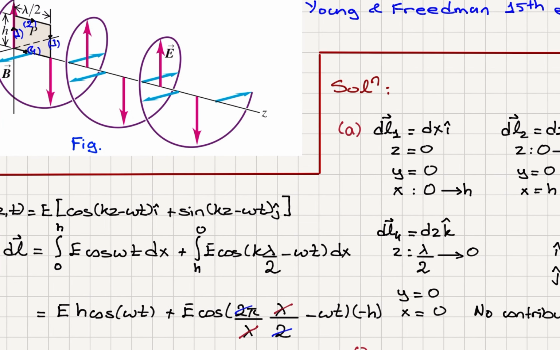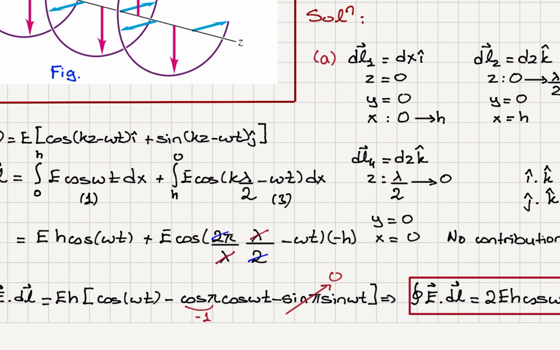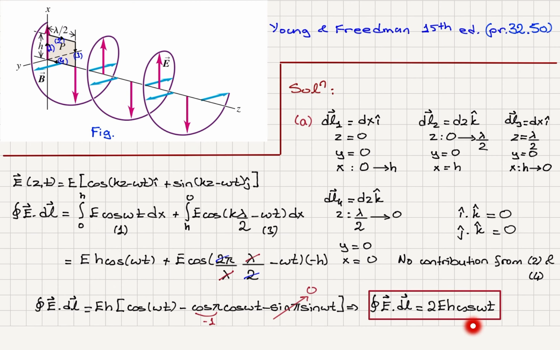So let's note here that this is segment 1, this is segment 3. Okay, so performing this integration and writing k as 2 pi over lambda, and also using the trigonometric identity, cosine(a minus b) is cosine a cosine b plus sine a sine b, I obtain the final answer for the closed path integral, 2 E h cosine omega t.